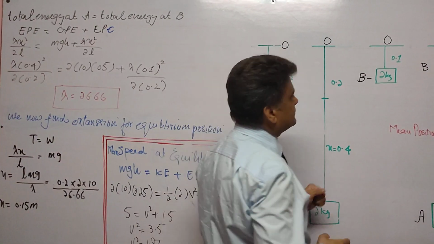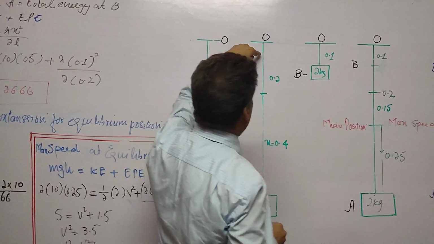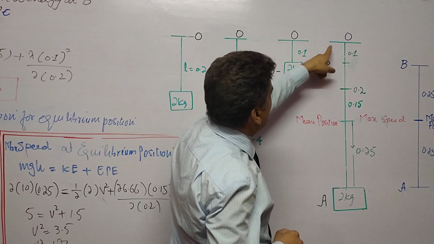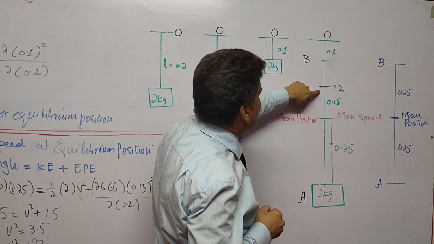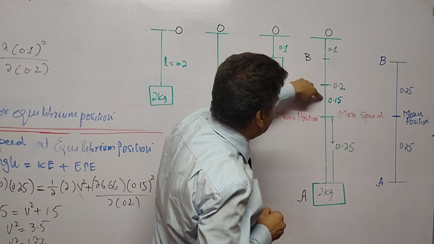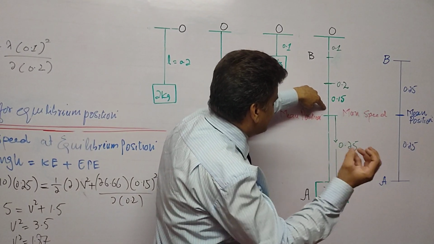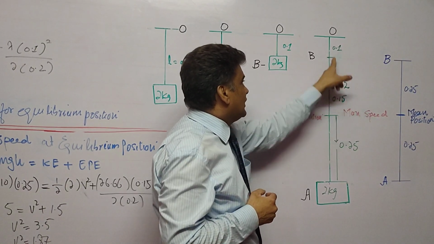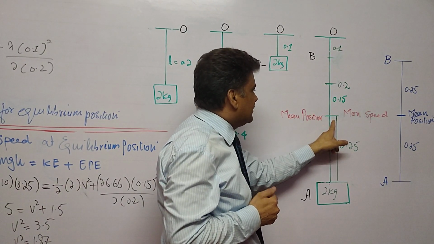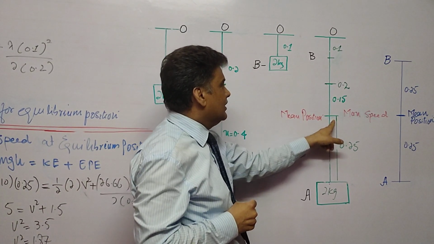Look here. This is the natural length of string, 0.2, and this distance, 0.15, is the extension in string. At this position, the total length from O will be equal to 0.35.